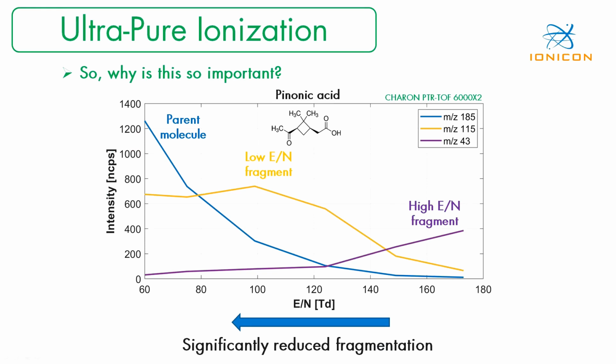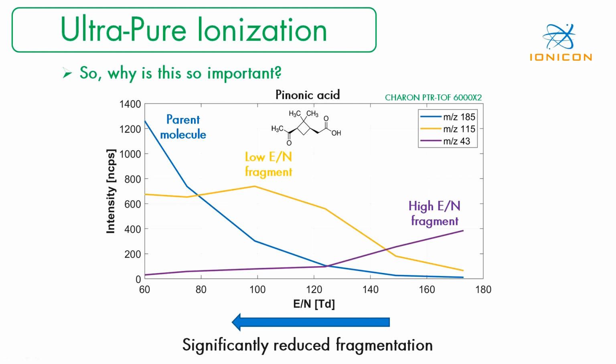And, of course, these real compounds tend to fragment even at the very soft conditions of an IONICON PTR-MS. As an example, I've plotted some ions from pinonic acid. Pinonic acid is a semi-volatile oxidation product from alpha-pinene, and as you see, has an acid and a ketone group attached.